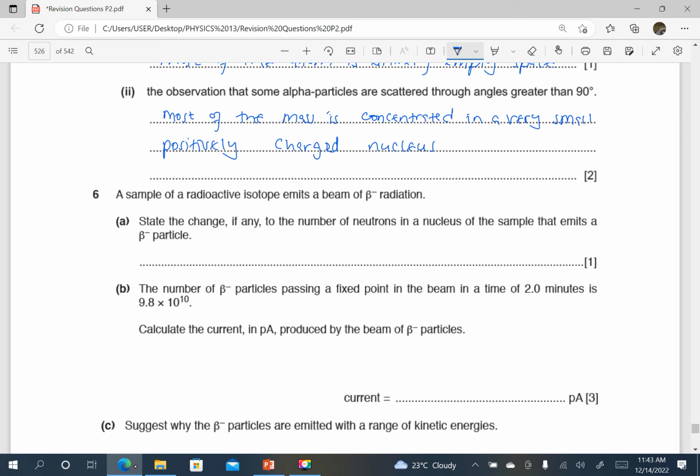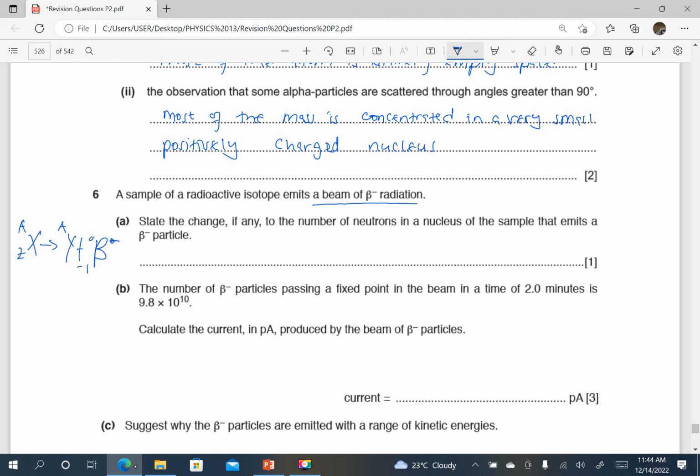You can look at a nucleus X. Let's say its nucleon number is A, proton number is Z. It emits another nucleus plus beta minus. Beta minus is 0, -1. So you see that A does not change.